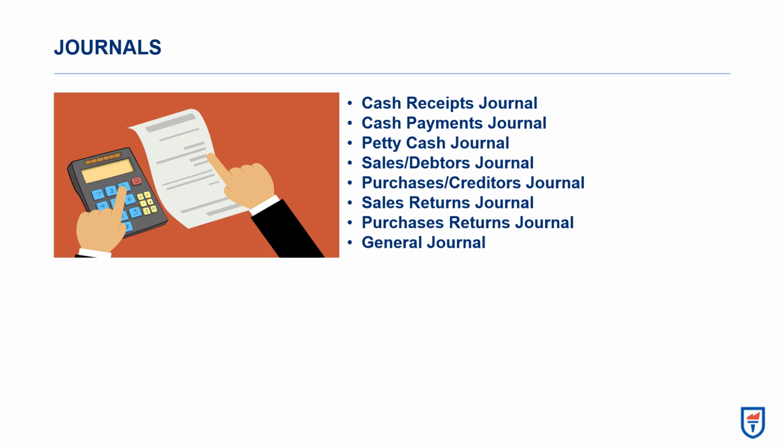And we also have the purchases returns journal, where the business buys goods from the supplier and realizes maybe the goods are damaged or of inferior quality. The business will have to return goods to the suppliers by putting the transaction in the purchases returns journal. Then we have the general journal that covers all the transactions that do not fit in any of the above journals.